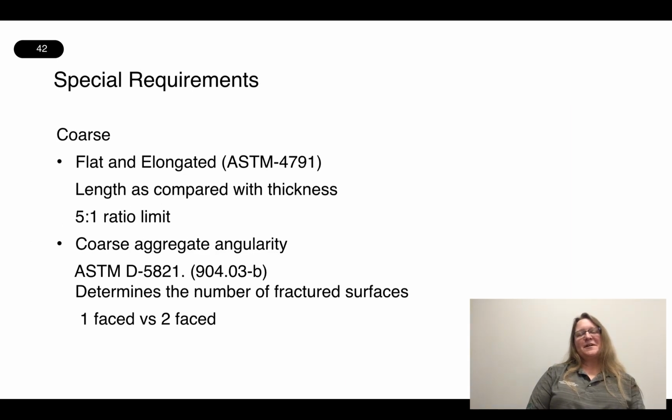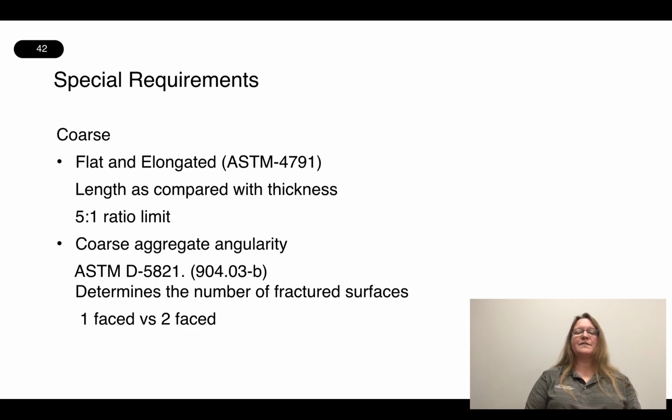Okay, so in terms of special requirements for coarse aggregate, again, for flat and elongated, ASTM D4791 is the test method. The length to width ratio is 5:1. And for coarse aggregate angularity, ASTM D5821.